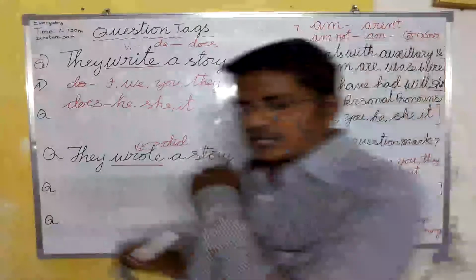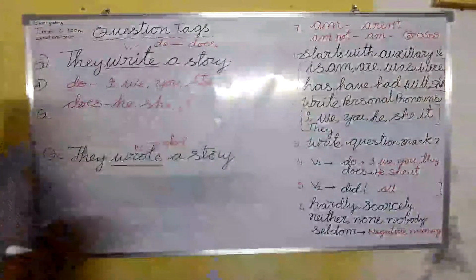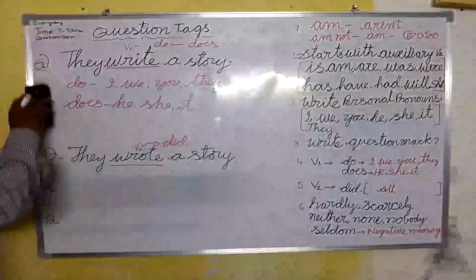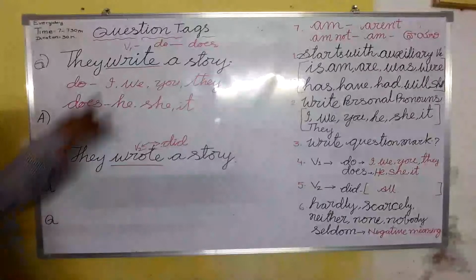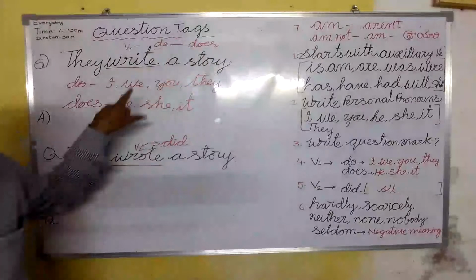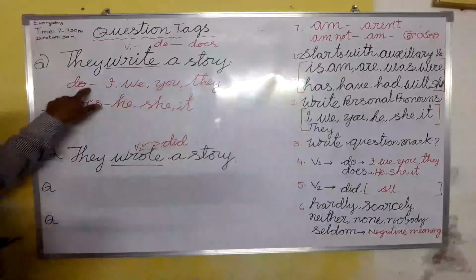Okay, now see the answer. They write a story. Write is verb 1. Do or does, we have to check. What do you select now? They has come, so they do.